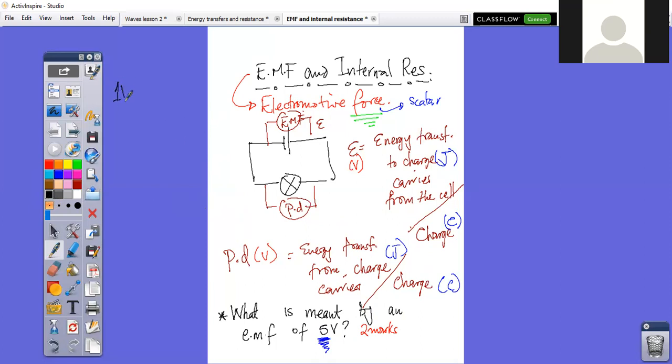If we have 1 volt, this means 1 joule per coulomb of charge is passed between those 2 points.